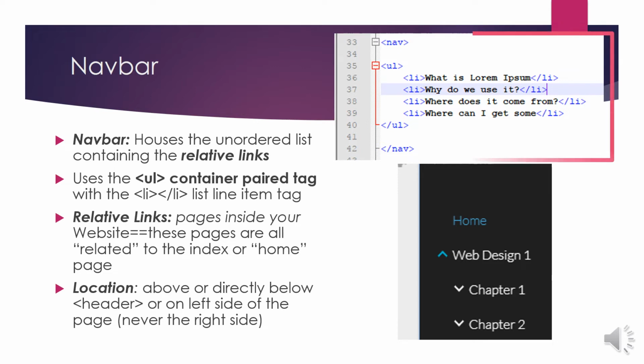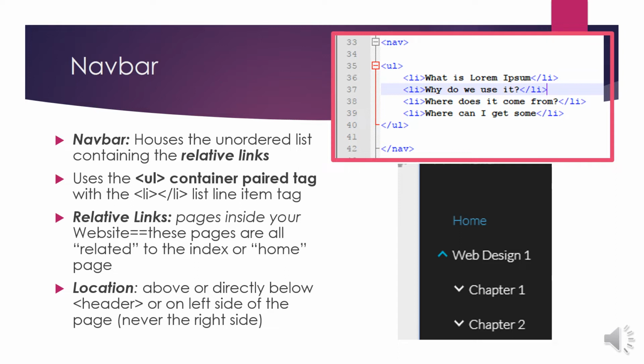Where do you put these? Your nav bar should be put either above or below the header or on the left hand side of the page. Since we read left to right, our natural instinct is to look on the left side for a nav bar, not the right. So let's look how we set up our nav bar.